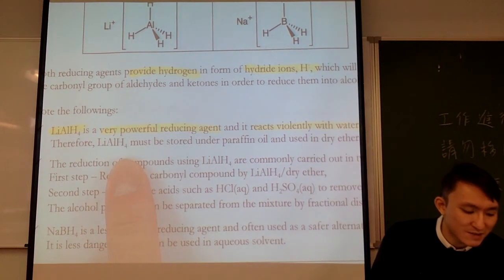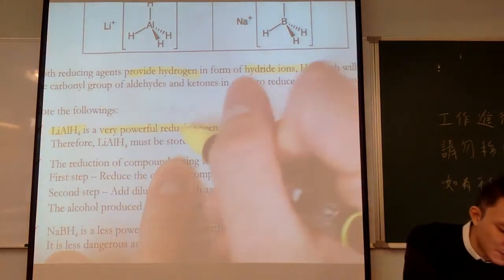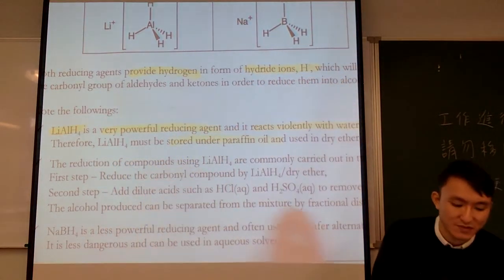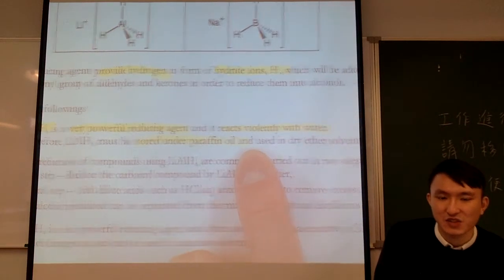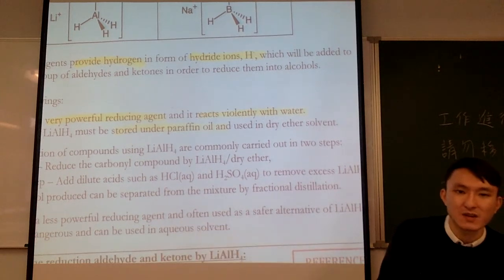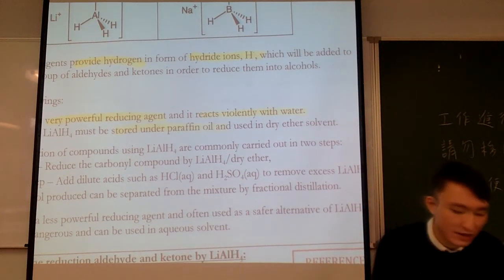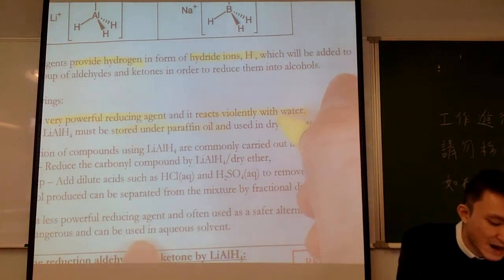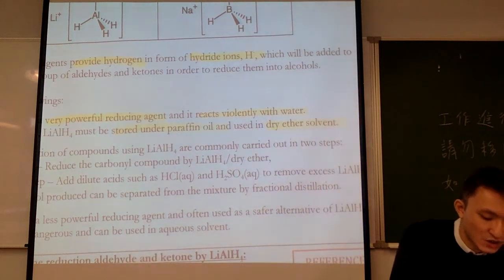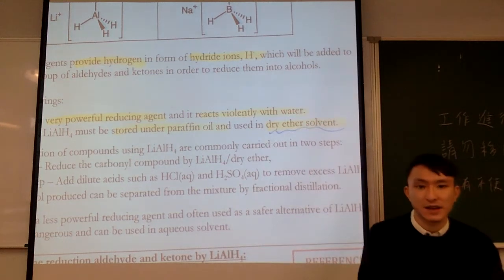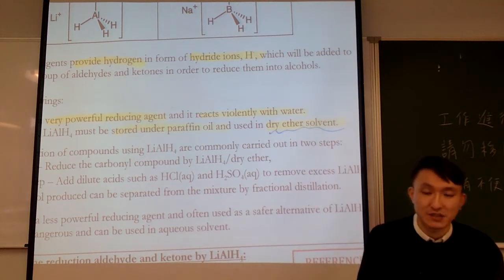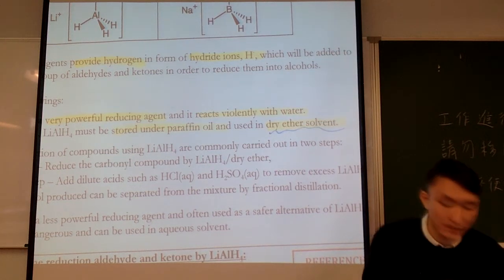So lithium aluminum hydride, just like group 1 metals, must be stored under paraffin oil. And when you use it, you can't just take it out of the paraffin oil because we have moisture in the air. So it must be used by first dissolving it into dry ether solvent. This is important.